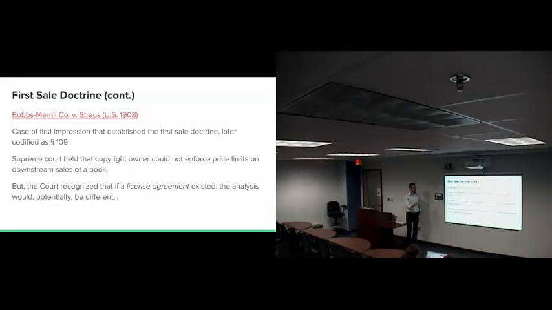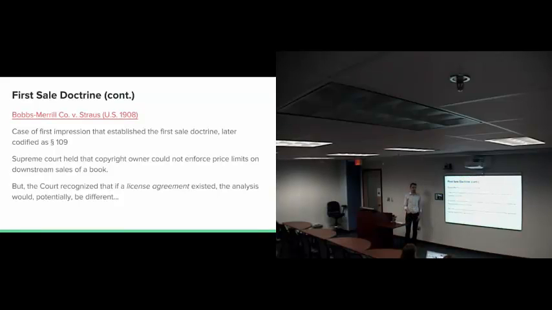And essentially what was happening here is a publisher tried to control downstream sales of their publications. They wanted to require that anyone who purchased a copy of their books could only sell them for up to $1. And so they wanted to impose basically requirements, regulations, restrictions that would limit downstream markets for the works.